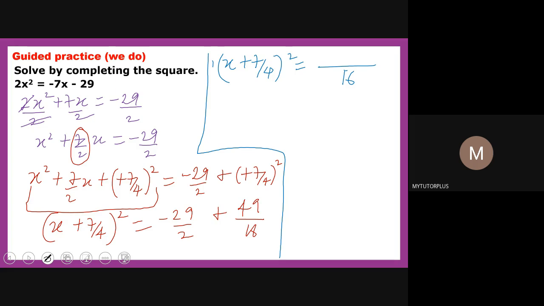So what I said is I find the LCM for 2 and 16 of the right hand side there. What will be the LCM of 2 and 16? 16, right?